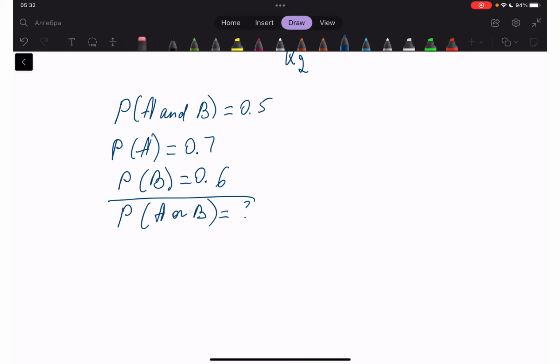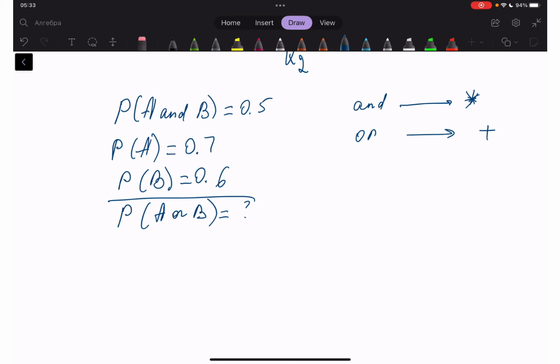But if I say what's the chance that either sun will shine or we will see rain, that's going to be or, correct? Okay, so what's the difference between and and or? The logical and is mathematically expressed as multiplication. I put star, multiplication. Logical or is replaced in math with addition.